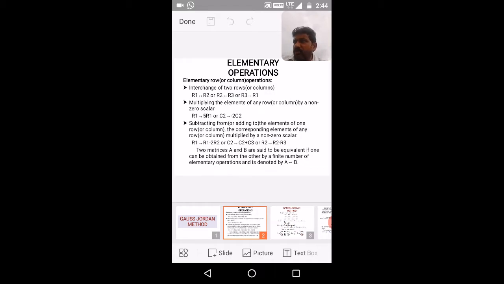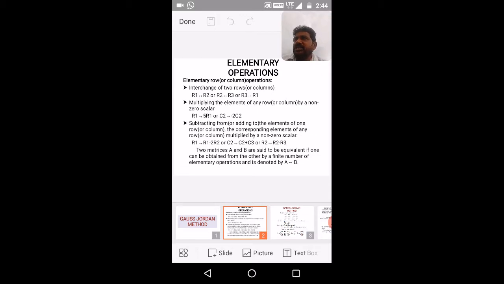You are writing the new R1 by replacing the existing R1 with the values of R1 minus 2R2. Means first you have to multiply all the elements of R2 by 2. Then those products will be subtracted from the corresponding elements of R1.